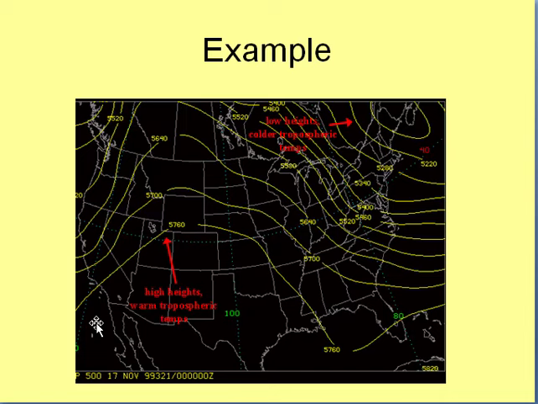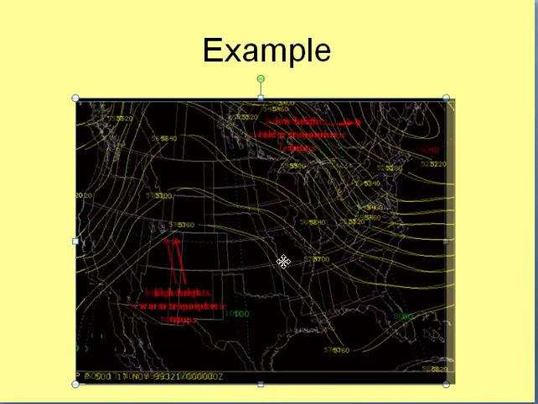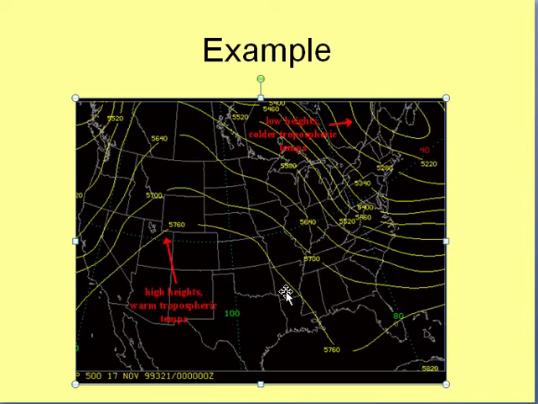What you notice here is that the southern plains of the United States are under this 576 millibar height contour. So what you can gauge from this is we're experiencing warmer than normal weather, we're experiencing dry weather.